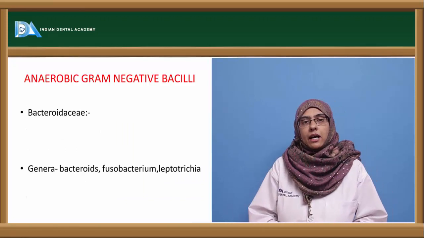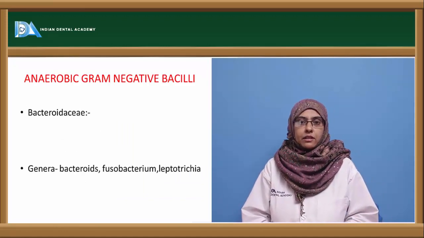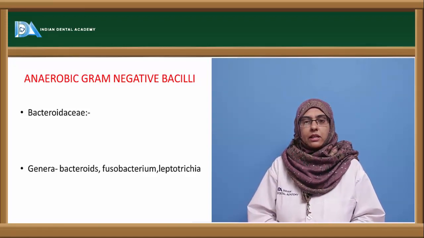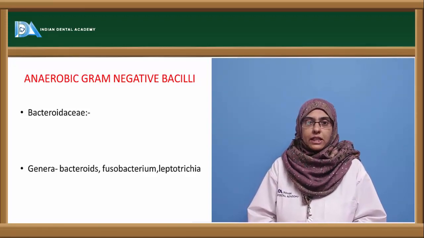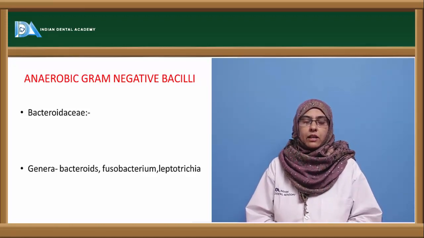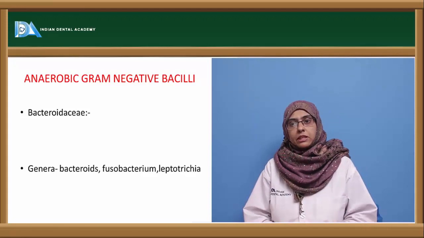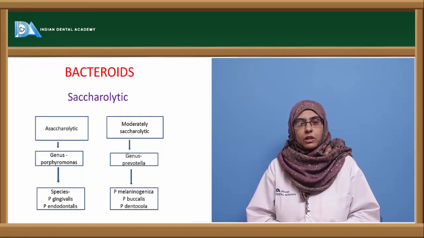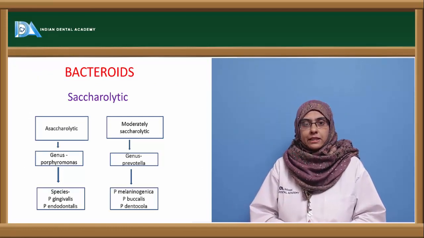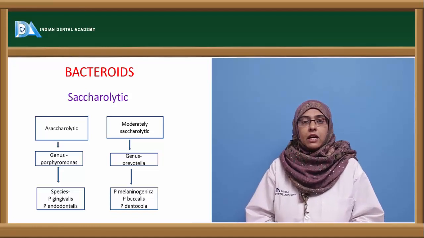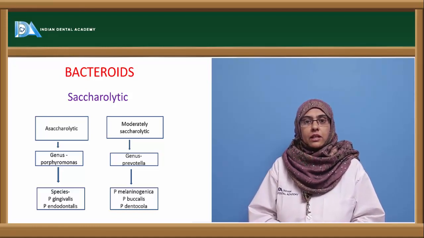Now coming to the anaerobic gram-negative bacilli, the family usually included in this group is the Bacteroidaceae, with the genera Bacteroides, Fusobacterium, and Leptotrichia. The most common type of infections can be seen because of Bacteroides, and the Bacteroides are usually non-motile and non-sporing. They are slender rods, and they can be grown in media containing brain-heart infusion, and grow very well in media with 10% carbon dioxide.